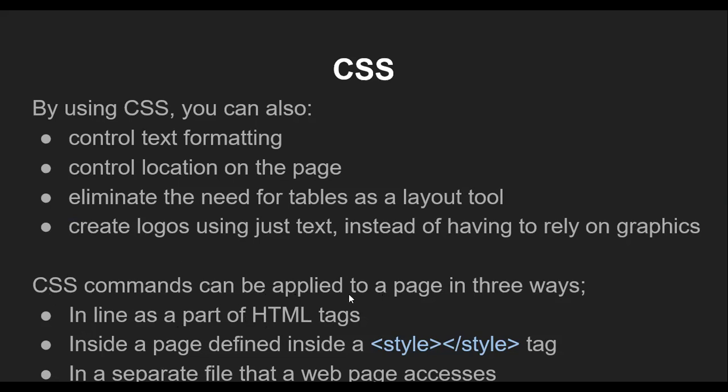I will show you this shortly. You can also add CSS inside the page by declaring a style tag. You can also have a separate file that the web page can access.